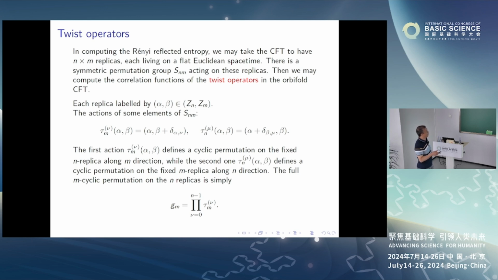Since you have a replica manifold, it's a partition function on a replicated manifold. The other way is to compute the correlation function of twist operators in the orbifold theory. But now the orbifold theory for the Renyi entropy is a non-abelian orbifold, which makes things very complicated. So this is some technical detail I just skip.